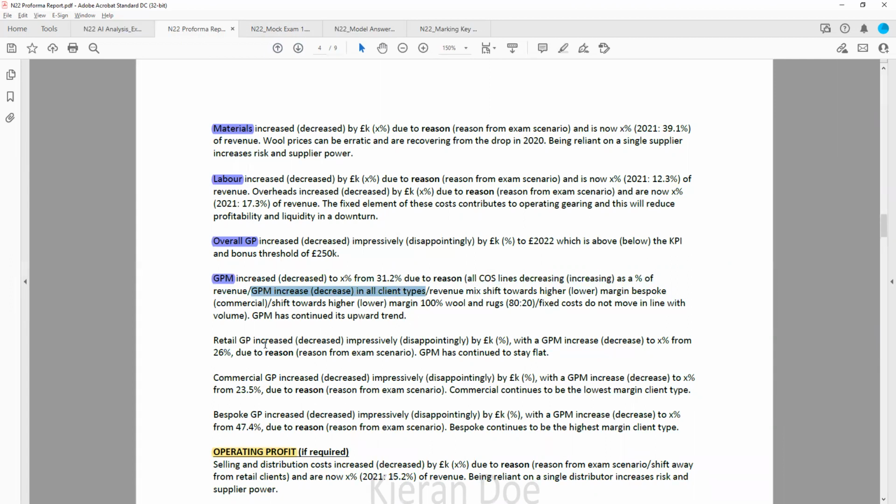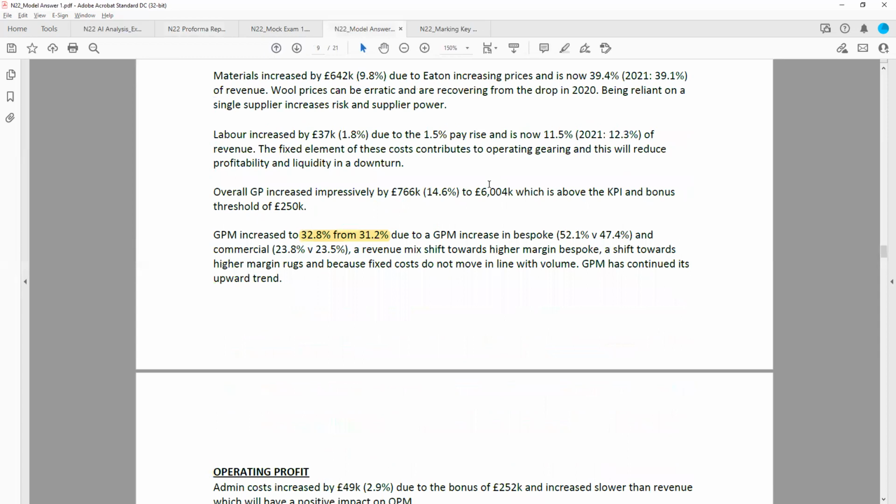Rather than pulling them all out individually and saying, retail gross profit's gone up with a margin increase of this, because, and then a context point, commercial's gone up, because, margin, reason. So, number, reason, further insight, context point for each of them, which will take a lot of time. Instead, you could have your analysis by client type and intertwine it here, because you can say there's been a gross profit increase or decrease in all client types, and in brackets you can mention what they are, and we did that here.